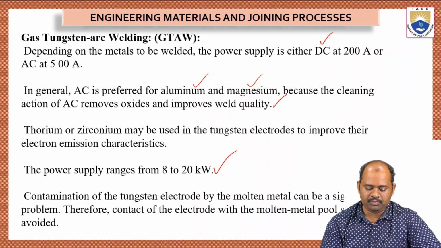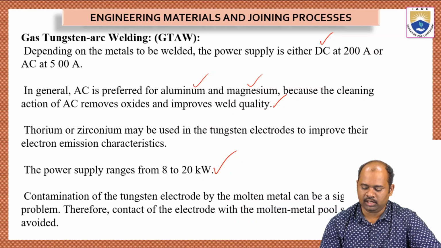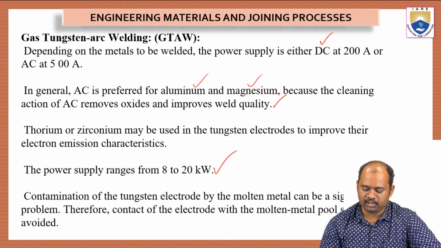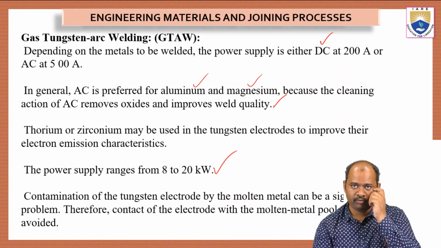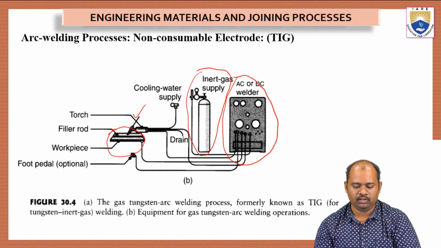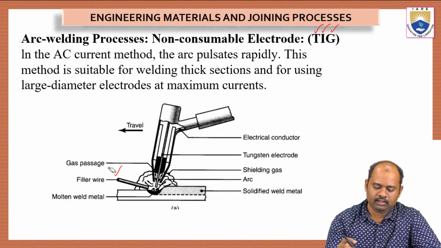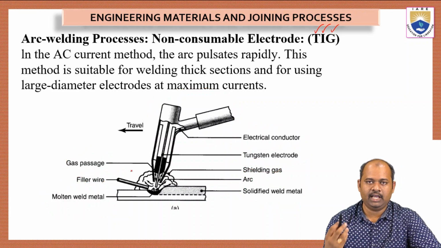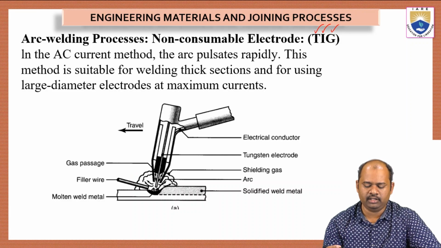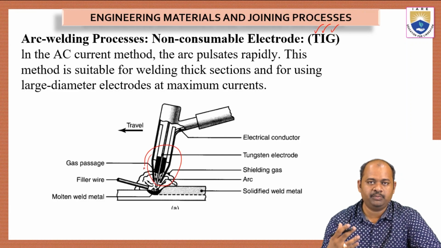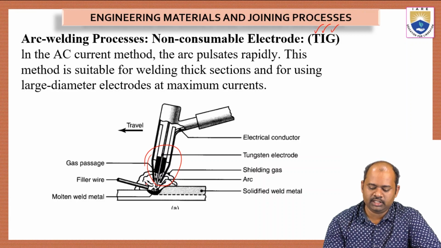Contamination of the tungsten electrode by the molten metal can be a significant problem. Therefore, contact of the electrode with the molten metal pool should be avoided. Whenever we are using GTAW, that means gas tungsten arc welding or TIG welding, we have to see that this electrode, which is made up of tungsten, should not be in contact with this filler metal.